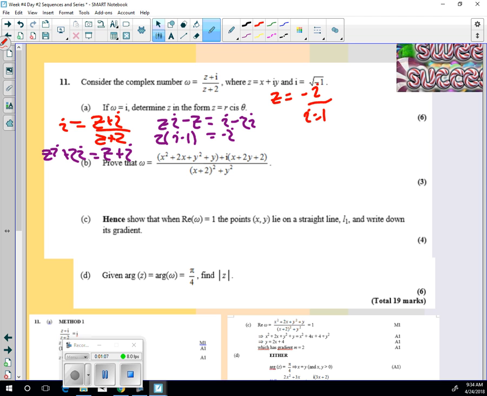But it's not. They want it in x plus iy form. So what do you have to do? That's why it's worth 6 marks, because you have to show a lot of algebra here. So z is equal to negative i times i, which is negative i squared, minus i, over i times i, which is i squared.